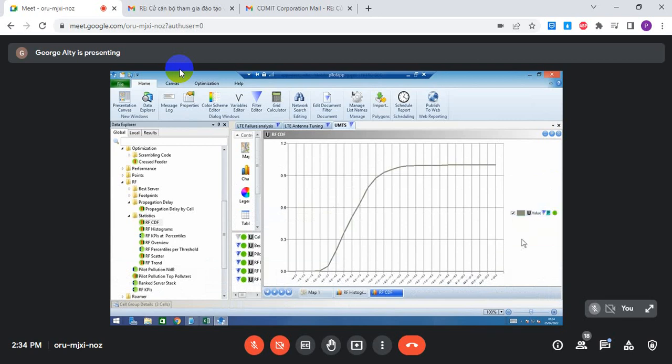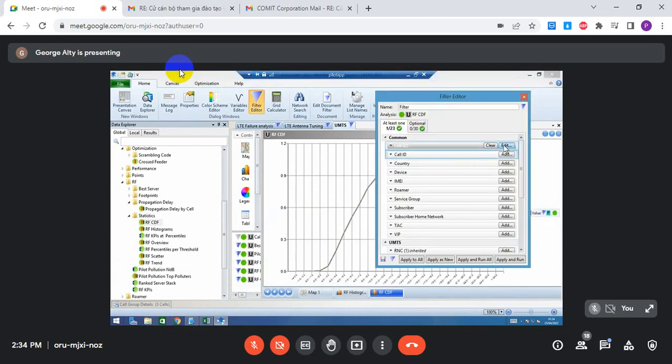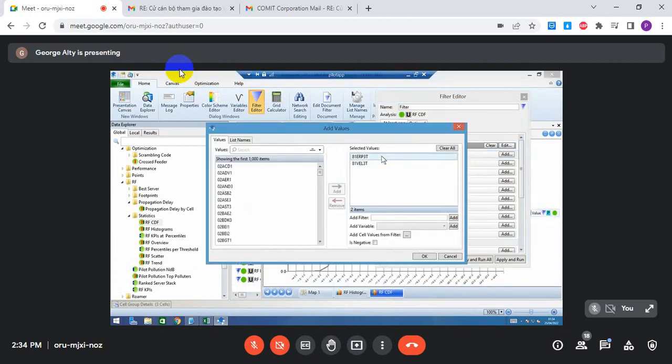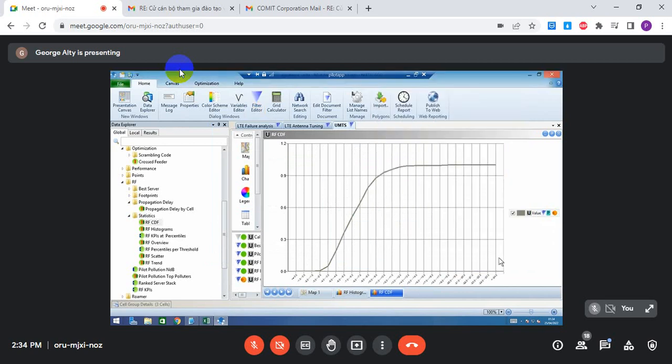Remember, I updated the filter there. That's not giving me a different result, unless those are specifically overlaid. Let me have a look at that. Yeah, so one of the issues I have here is, of course, that I hadn't identified two differing cells, so it may well be that they were overlaid. So let me just apply this and run again, see what happens.